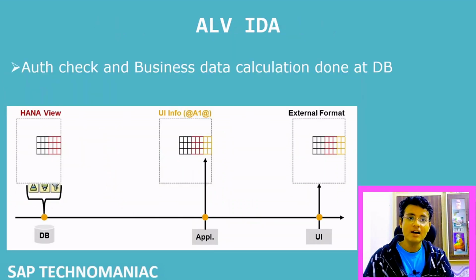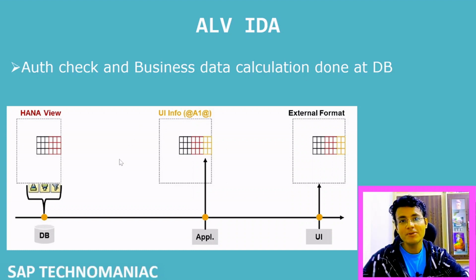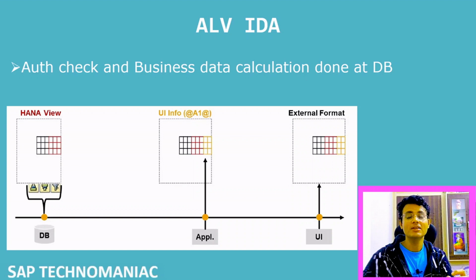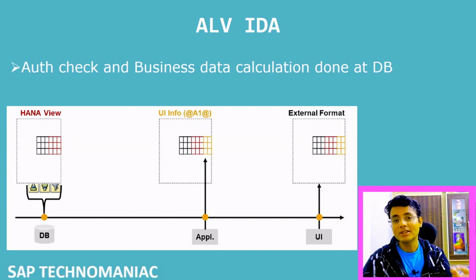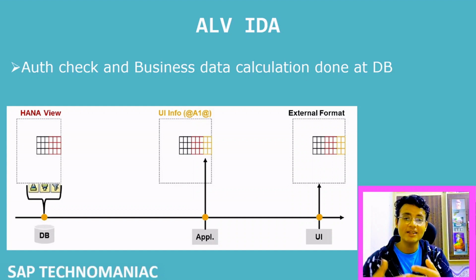Now we will see how ALV with IDA works. In ALV with IDA, instead of performing all the operations at the application server, all the operations are performed at the database server itself. We pass the authority objects to the database through appropriate parameters, and they are applied there. We pass select options to the database, and they are applied at the database level.